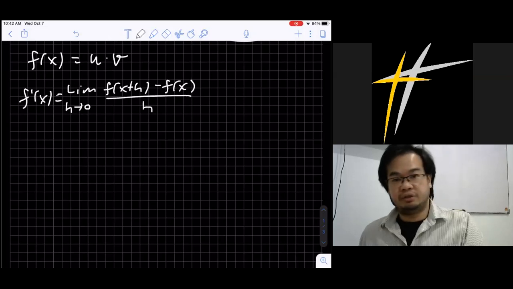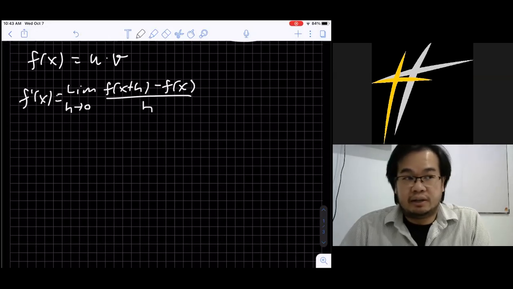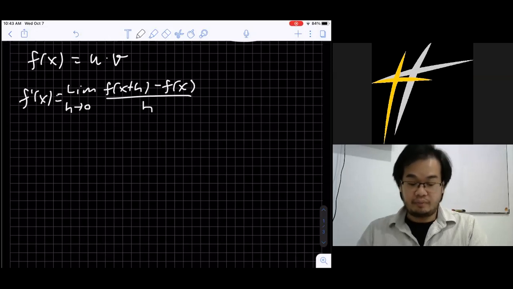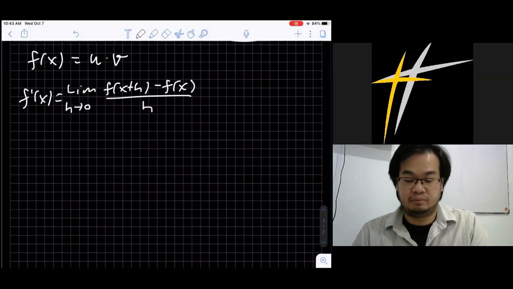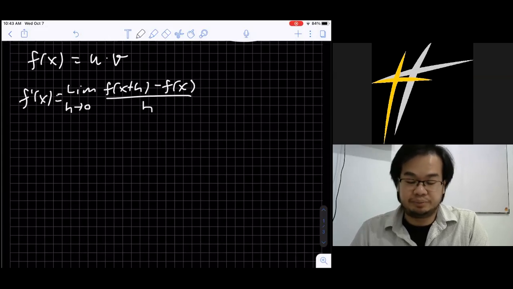This mathematical definition is always used as a source, something you use to find the formula of the derivative. It is like your gut in real life. When you have any problem, you go to the source, which is your gut. So if you want to find the formula of the derivative, you go to this mathematical definition.